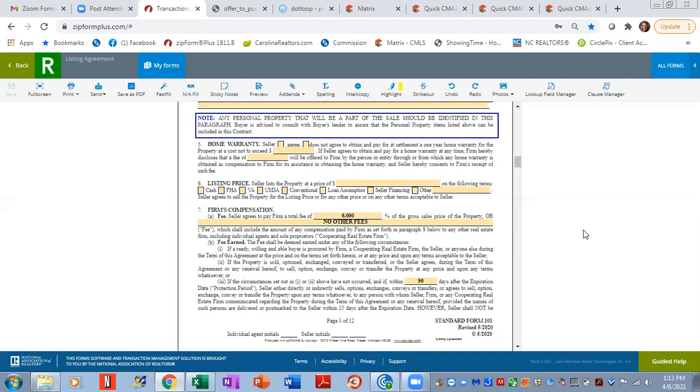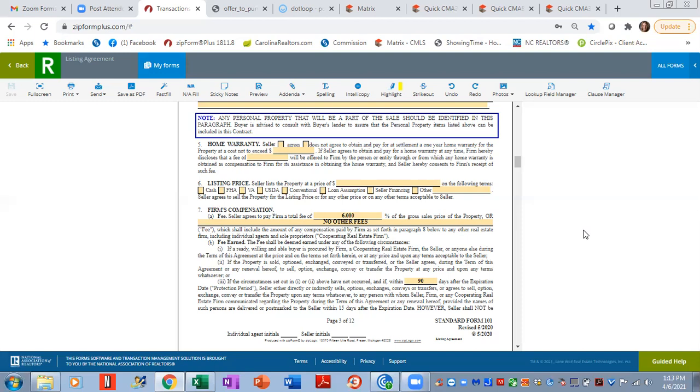My firm compensation defaults, I just put this in here, at 6%, and we do not charge any other fees. Some firms do have a $295 admin fee that's paid by the seller up front to retain that firm to work on their house, but we don't do that at Lantern.